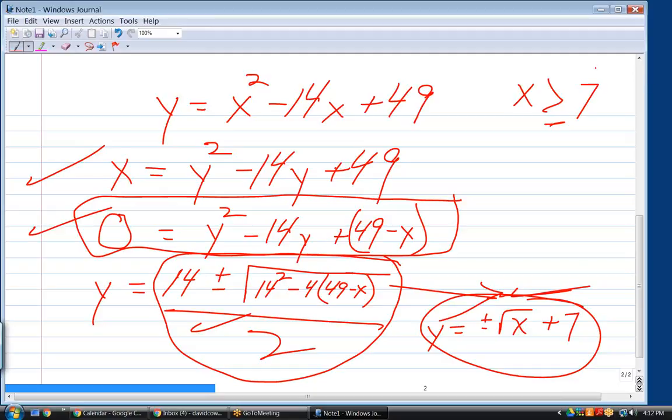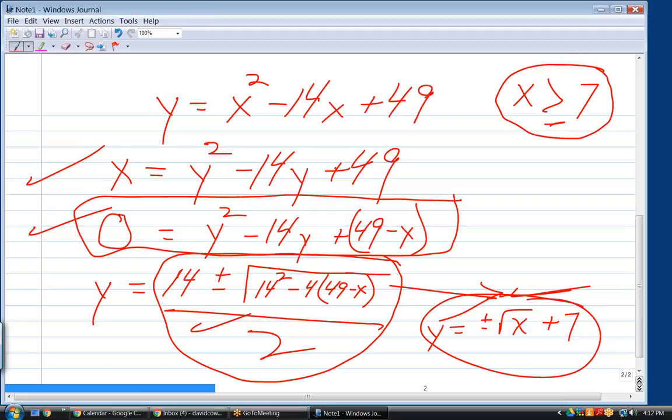I'm still a little puzzled as to why they put that restriction on it. Could it just be because they just wanted to add it to confuse us?